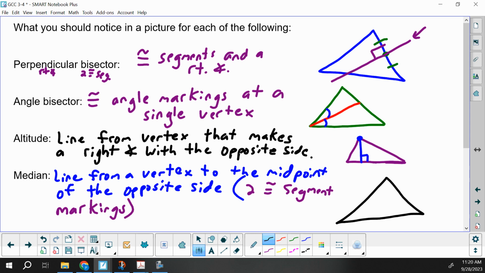So we'll draw an example of that. If this was the midpoint here, we would signify it's the midpoint with the tick marks. So the line that comes from the vertex opposite that would be our median. So that green one would be considered a median.